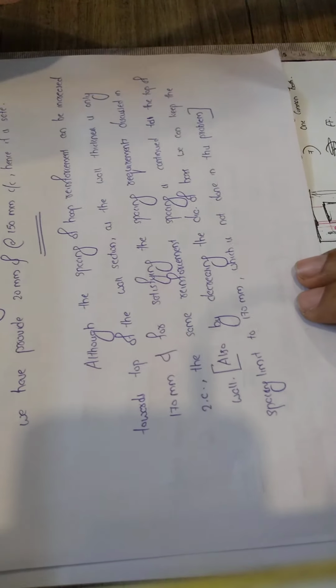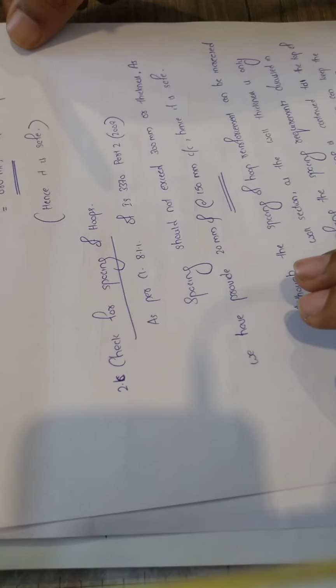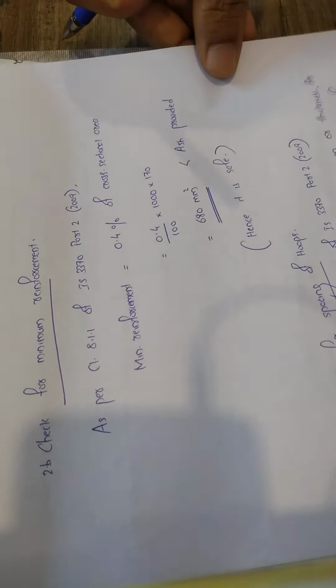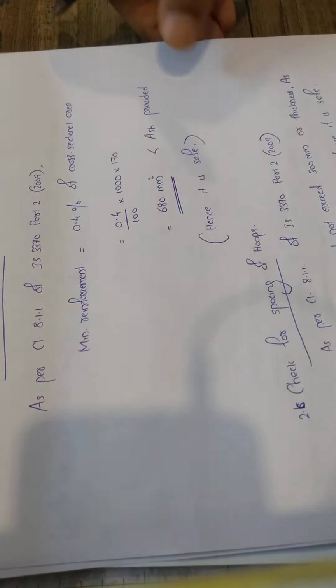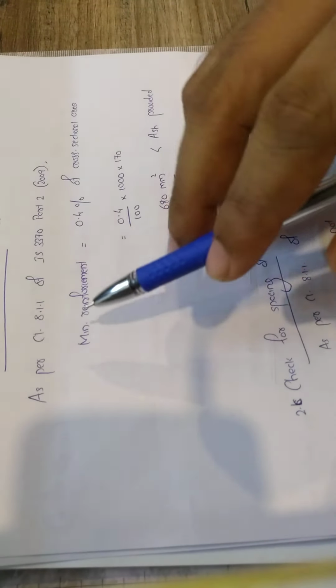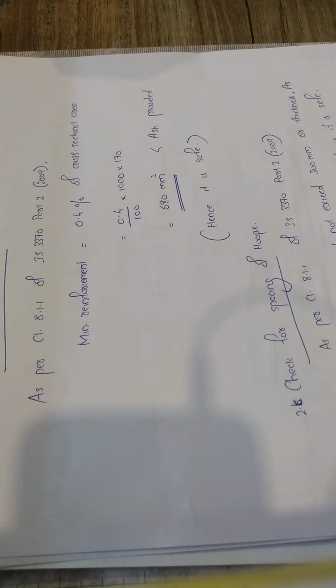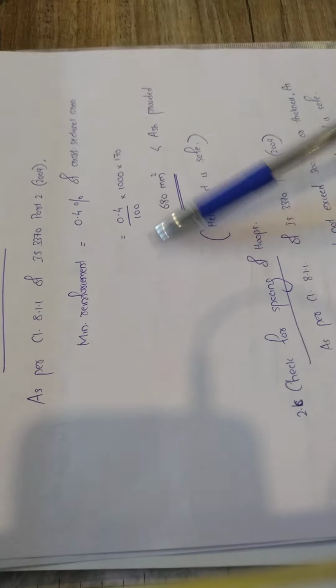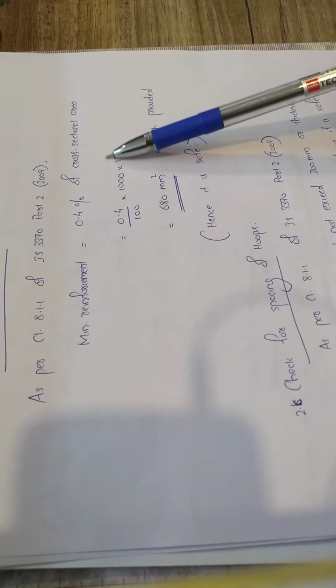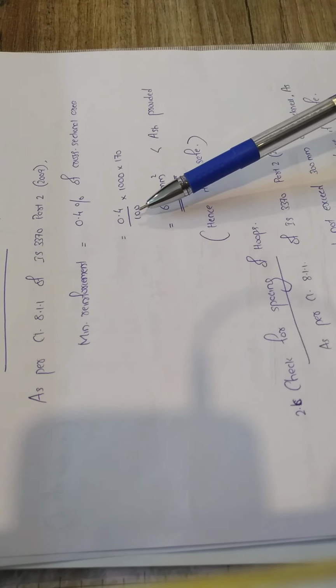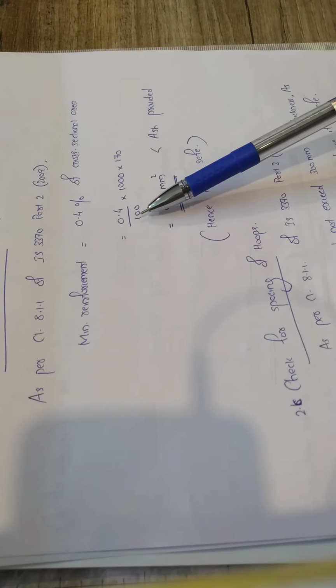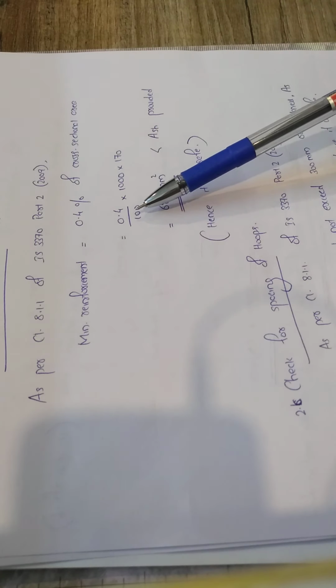Okay, so the second check is the check for minimum reinforcement. What is the check for minimum reinforcement? As per clause 8.1.1 of IS 3370 part 2, the minimum reinforcement is 0.4% of the cross-sectional area, and this we have seen through the previous video, how it is coming.